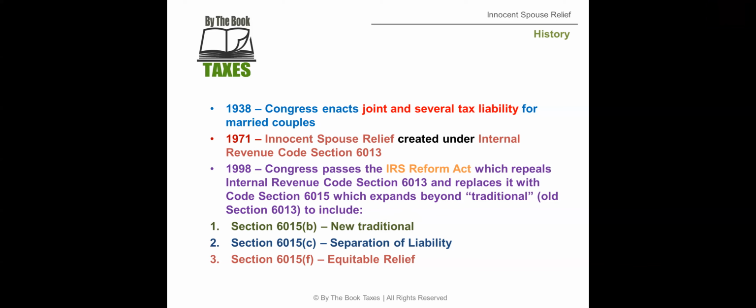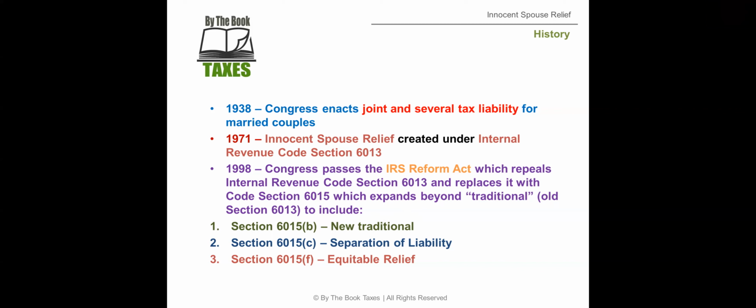So in 1998, as part of a larger IRS Reform Act legislation, the Congress repealed Section 6013 and replaced it with Code Section 6015 and expanded beyond what used to be the traditional innocent spouse claim to now have three different variations of the innocent spouse filing.